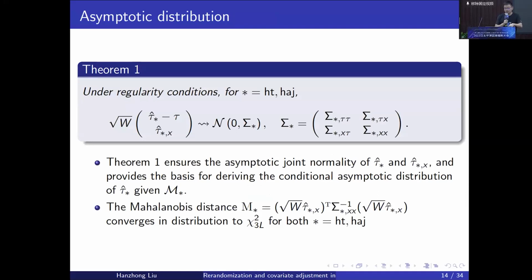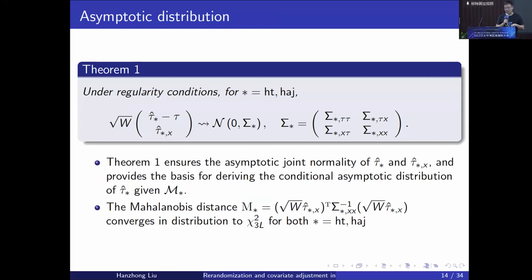Under mild moment conditions, both the Horvitz-Thompson and Hajek estimators are jointly asymptotically normal. And this theorem provides the basis for deriving the conditional asymptotic distribution of tau hat star given the re-randomization scheme M star. Here, star can be HT or HAJ for the Horvitz-Thompson and the Hajek estimator respectively.